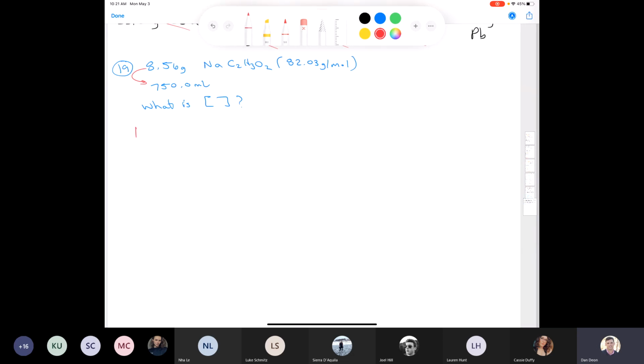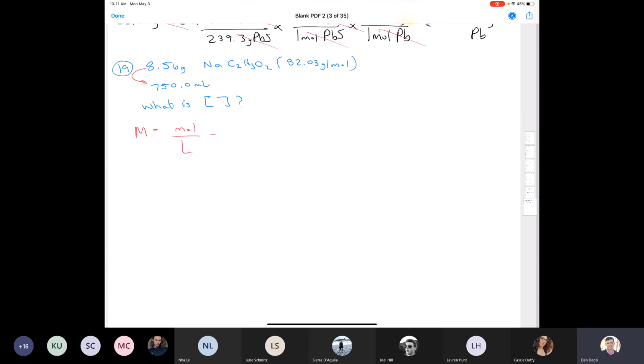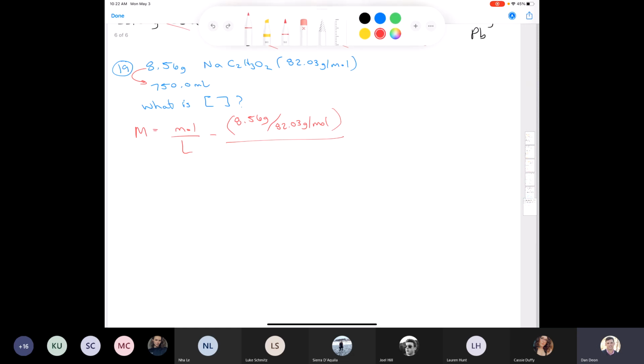Well, you know that concentration, or molarity, is equal to the number of moles per liter. How do we figure out the number of moles of sodium acetate? We have the mass, 8.56 grams, and the molar mass, which is 82.03 grams per mole. Then we divide that by the volume in liters. If we convert 750 milliliters into liters, remember that 1,000 milliliters is a liter, so we divide by 1,000 and end up with 0.7500 liters.